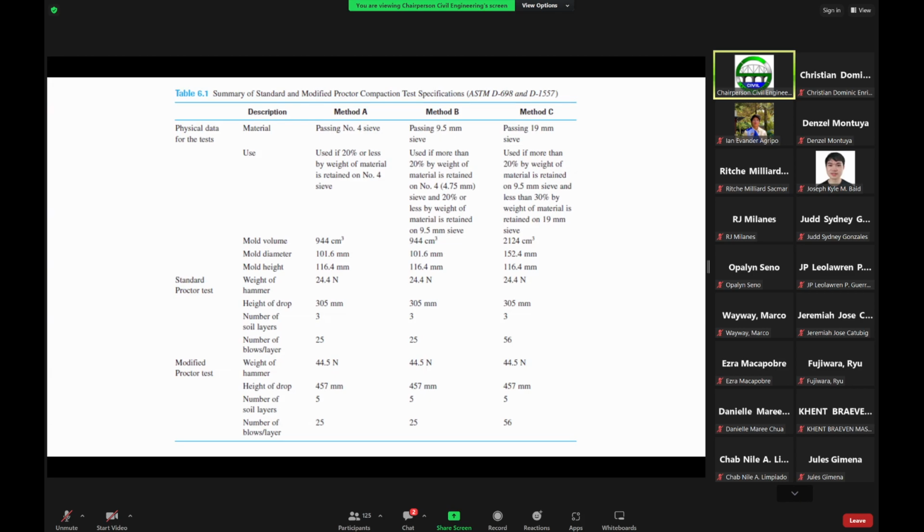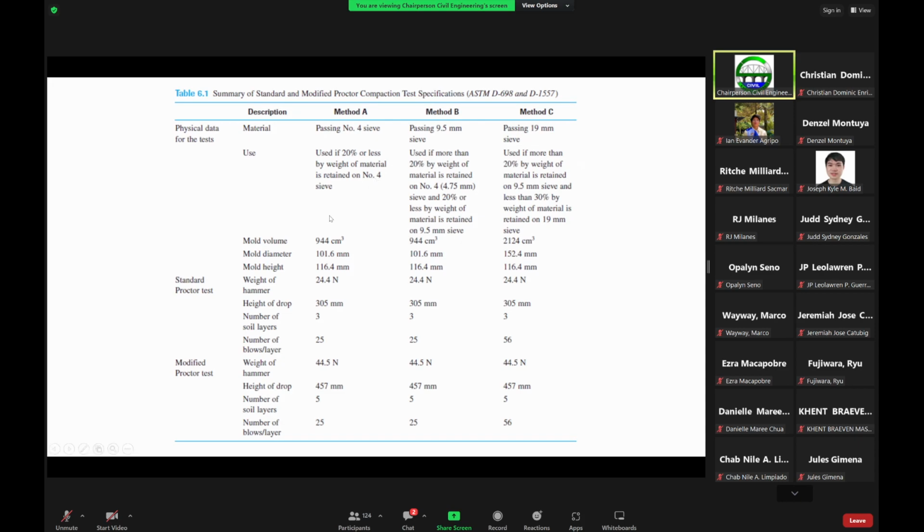Method C is used if more than 20% by weight of material is retained on the 9.5 millimeter sieve, and less than 30% by weight of material is retained on the 19 millimeter sieve.